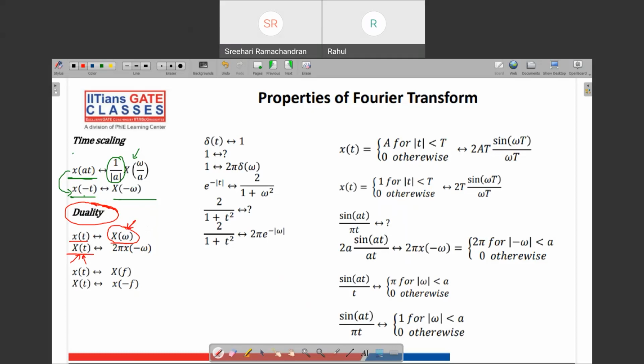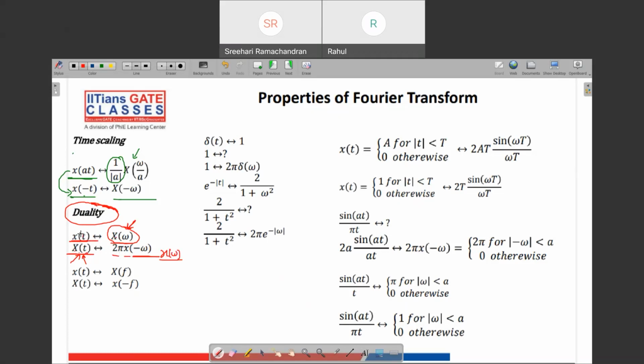So if you have a signal x of t and its Fourier transform is X of omega, and in the time domain you have another signal capital X of t which looks like this capital X of omega, then the Fourier transform of this capital X of t will be equal to 2 pi x of minus omega. Here X of omega is the same as x of t, only the variable is different.